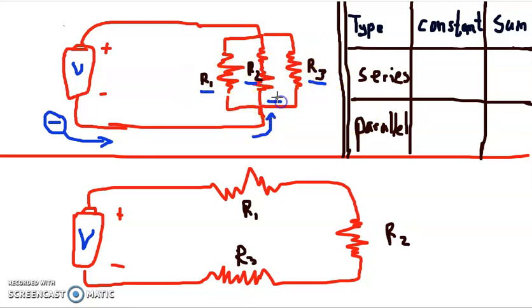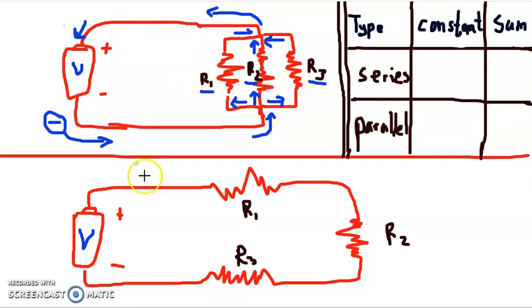So this one electron that we're focusing on will go through either 1, 2, or 3, and then it will meet up on the other side. It won't flow backwards, because there's a flow of electrons coming at it from the back, and it will continue going this way until it ends up at the end of the circuit.